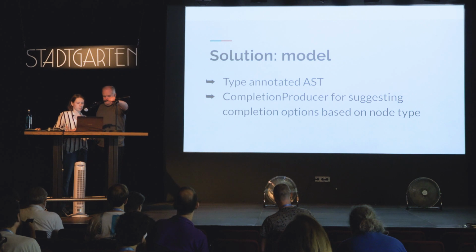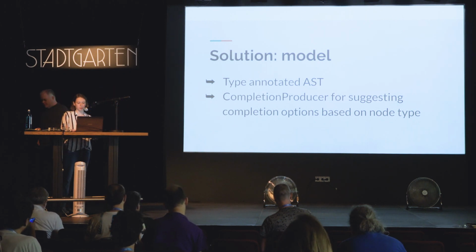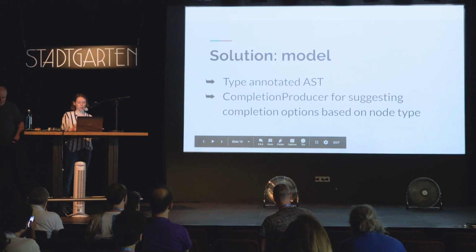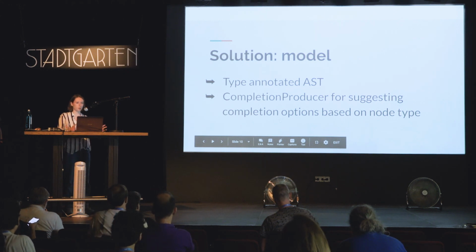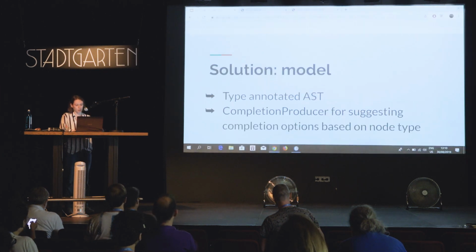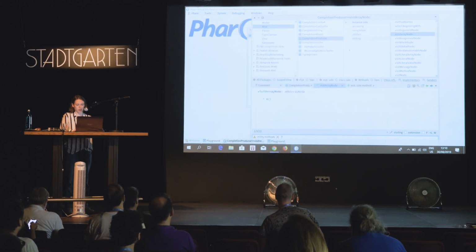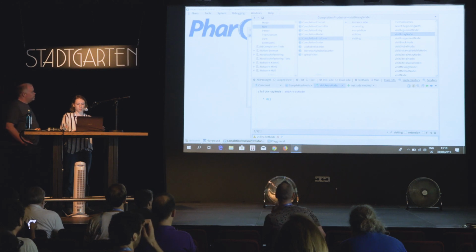Yeah, so as I said about the type annotated AST, the completion producer is our main class, so this is most of the work for our completion tool, because this is where the completion suggestions are determined. In reality, it looks like this class. Then we have visit methods for each of the nodes.